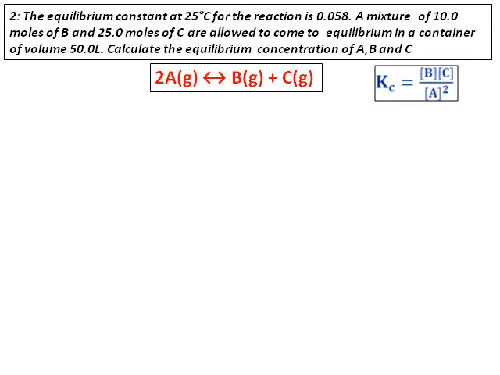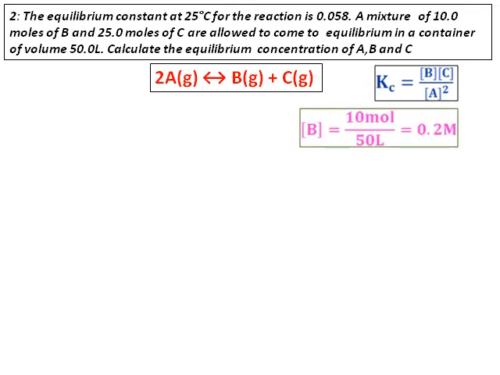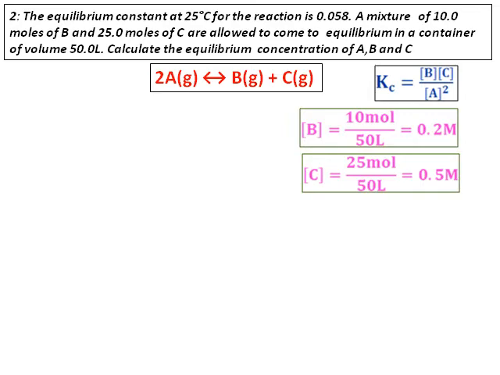So this is the case in which the concentration is not given, but of course the moles and the volume are given. So using our equations, we will be able to calculate the concentrations, because we know that molarity is moles divided by liters. So concentration of B is 0.2 and concentration of C comes as 0.5. So now use the ICE technique, substitute all these values.